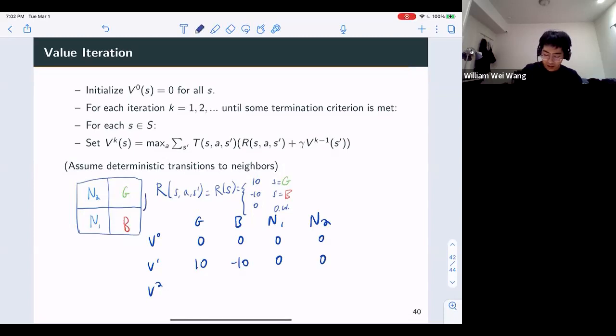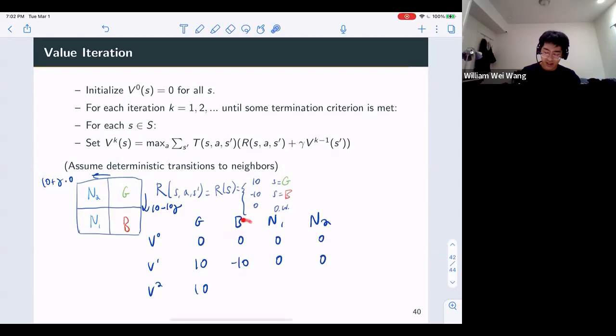So if I went down this way, I would get 10 minus 10 gamma. But if I went this way, I would just get 10 plus gamma times 0, which is the value of being in N2, according to the first iteration of value iteration. So obviously I prefer to go left, so I'm going to keep the value at 10.